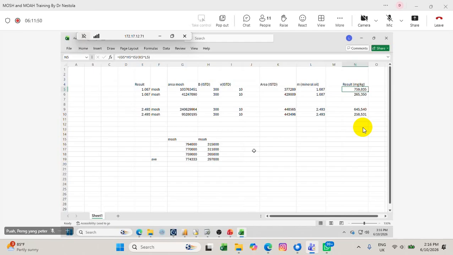But it also shows one of the biggest problems in MOSH MOAH, that it is highly dependent on interpretation of the people integrating the chromatograms. Yeah. So that's one of the basic problems, because sometimes, at least, this is in fact a very easy one, but how to draw the baseline under the hump, or where to start or where to end, is not always clearly defined.